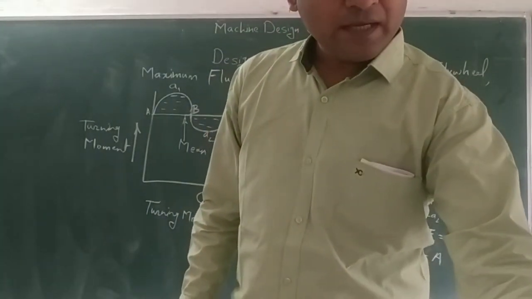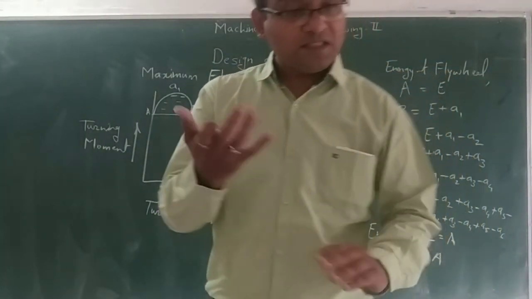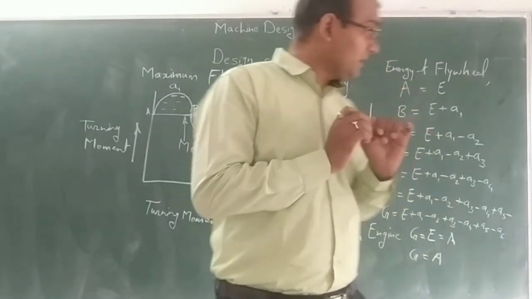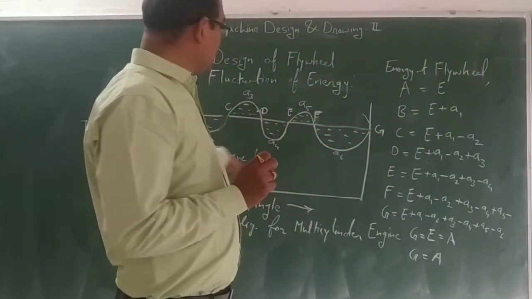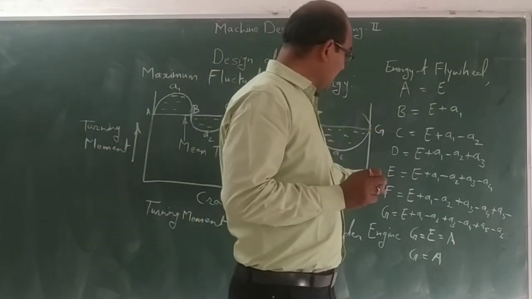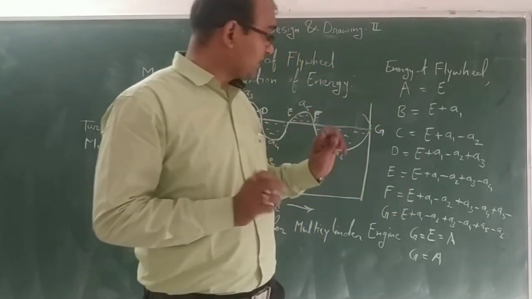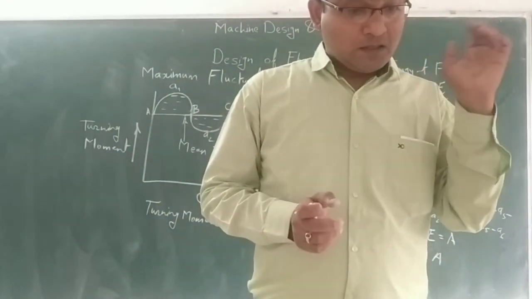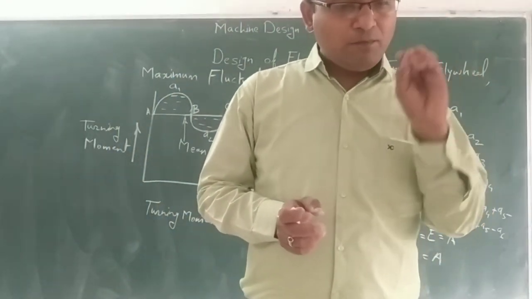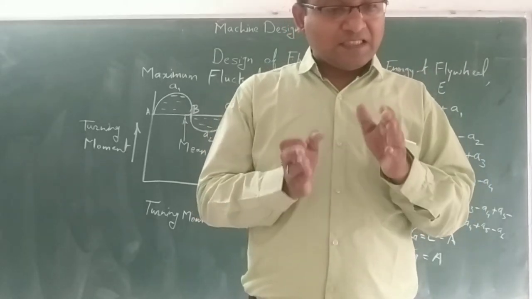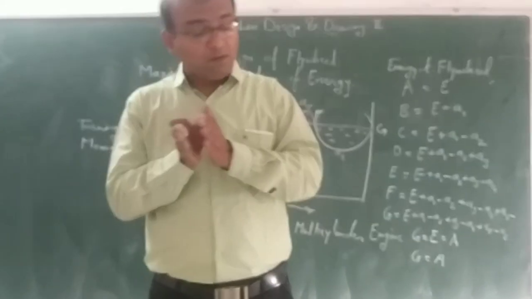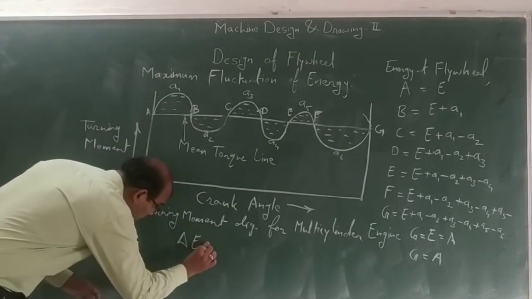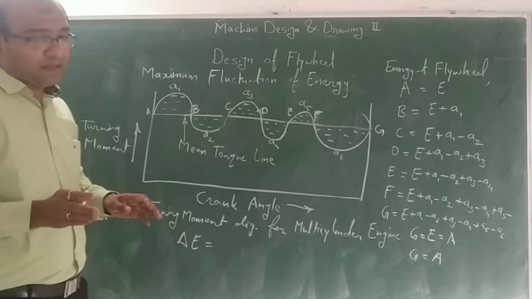Okay, then now suppose that the maximum energy at B and minimum energy at E. Then the maximum fluctuation of energy, that is maximum energy minus minimum energy. So your del E, maximum energy minus minimum energy.